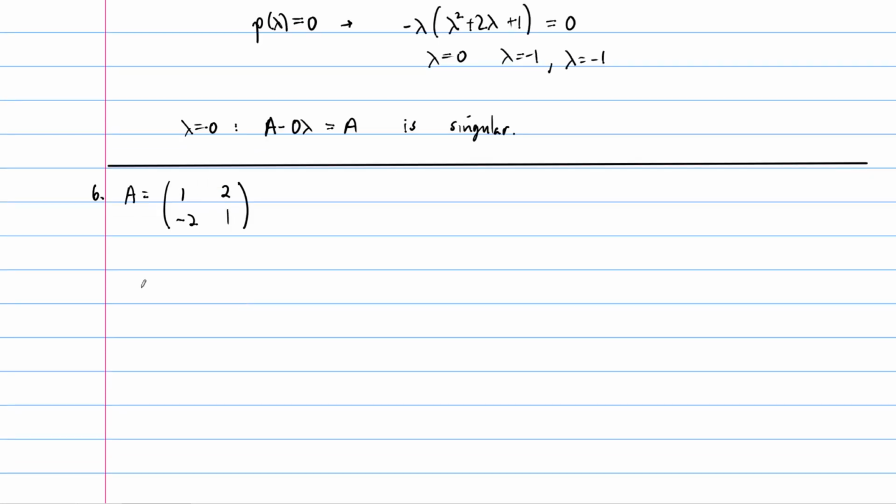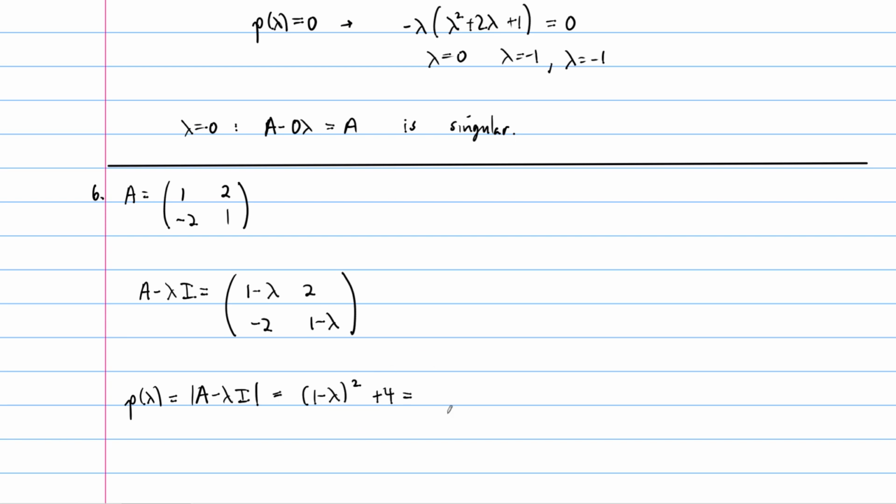All right. So we do all the same stuff. A minus lambda I is going to be our matrix: 1 minus lambda, 2, negative 2, 1 minus lambda. And then the determinant of this, which is our characteristic polynomial p of lambda, which is the determinant of A minus lambda I, is going to be 1 minus lambda quantity squared plus 4.